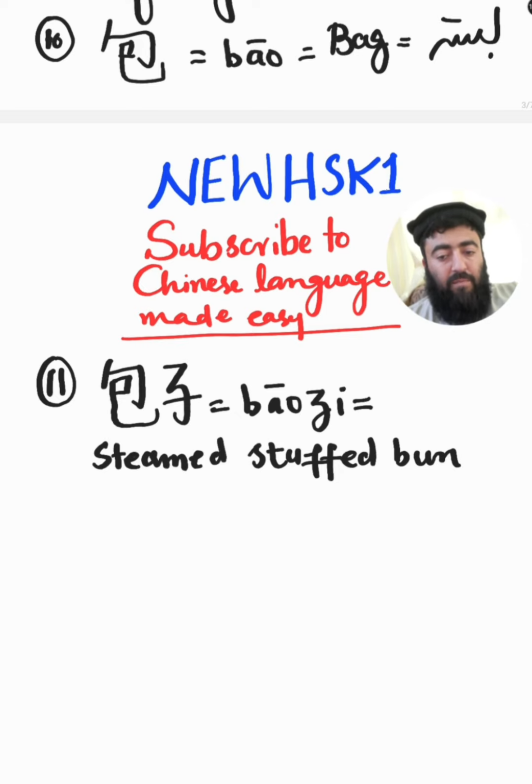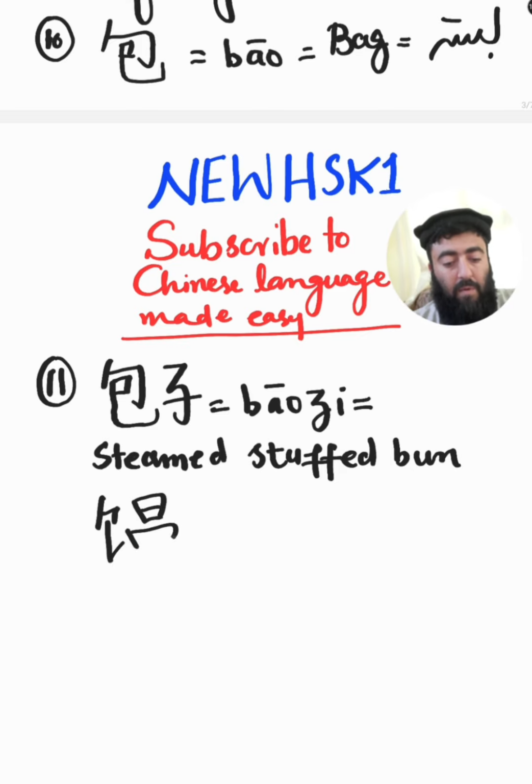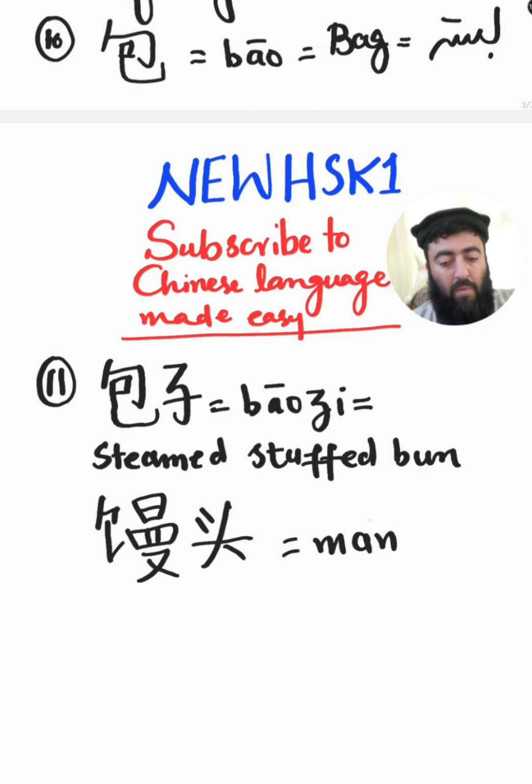There is another word which is very famous in Peshawar, and this is made by Afghani people. Afghani people make it in Peshawar, and it is called mantho. People in Peshawar call it mantu.